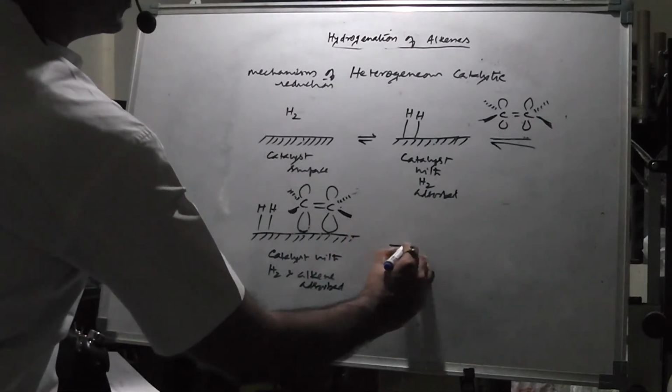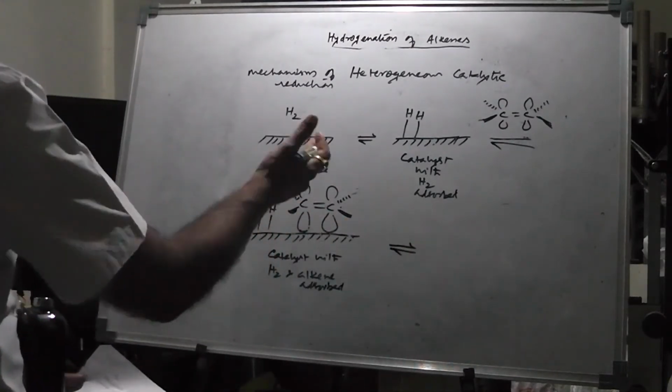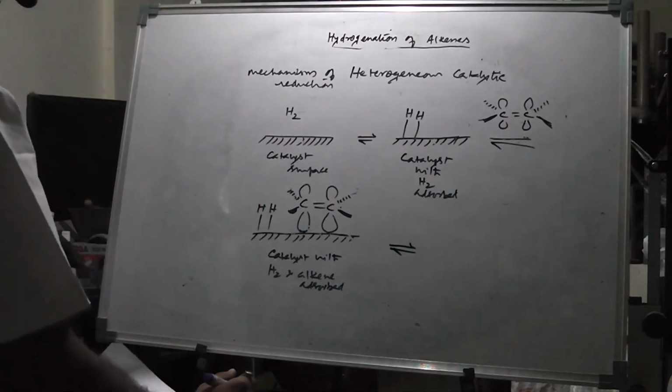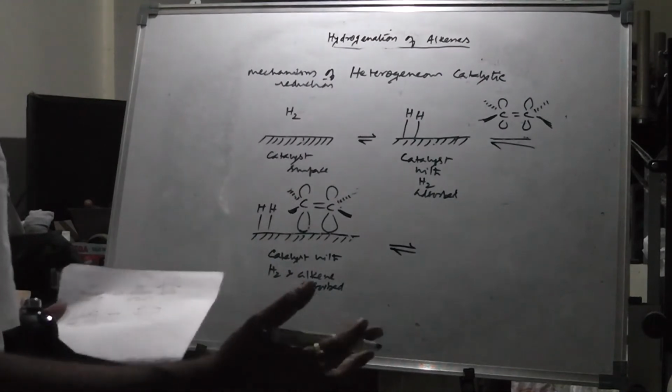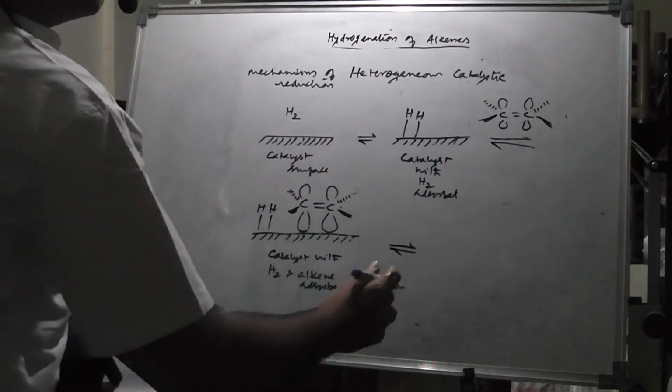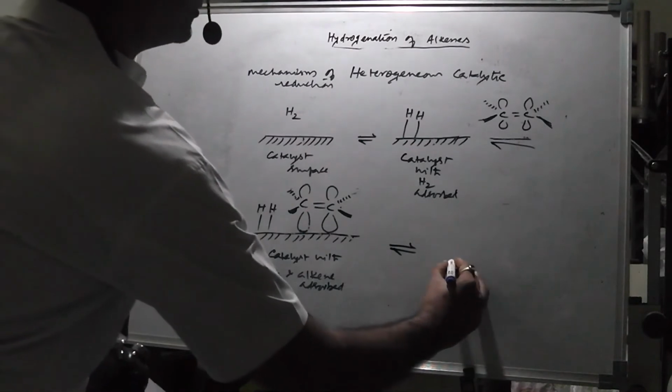Now the hydrogen will be transferred to the alkene and the desorption process takes place. That is, the freed product will come out of the catalyst surface.